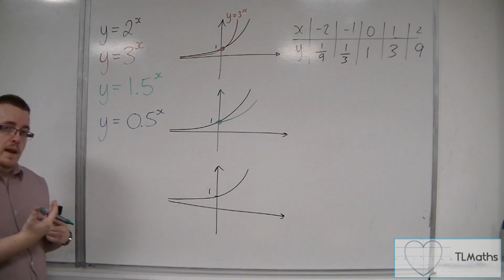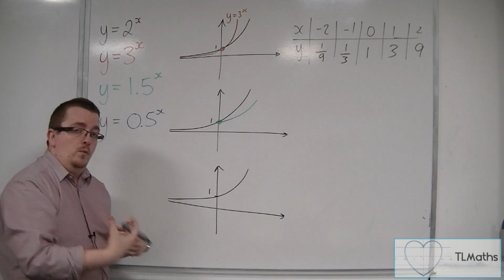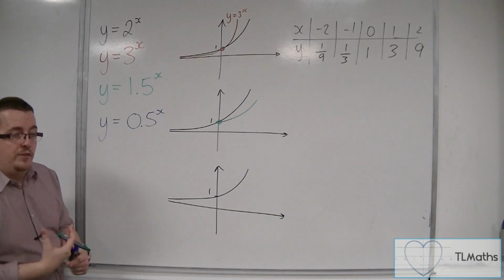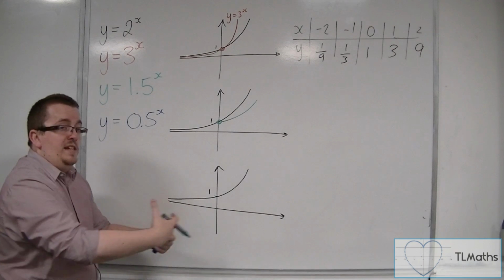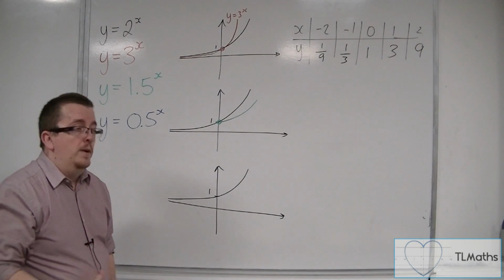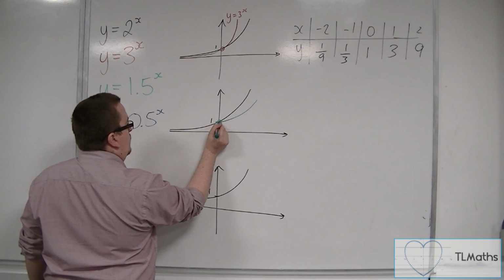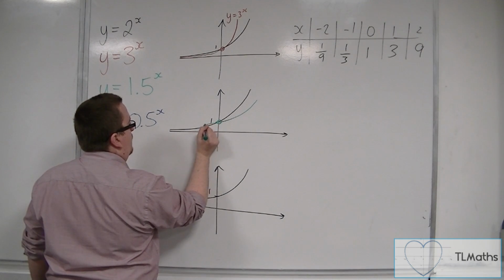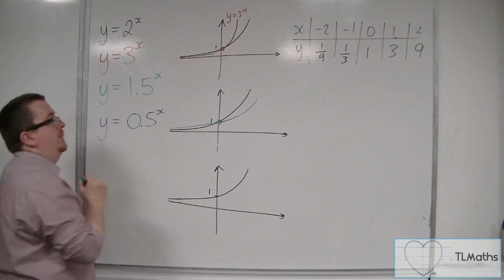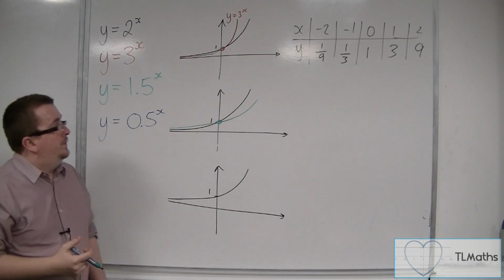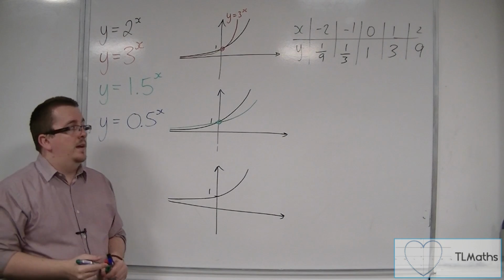Now to the left of the y-axis, you're going to get 1.5 to the minus 1, 1.5 to the minus 2, 1.5 to the minus 3, and this will be decreasing and getting closer and closer to 0, but not quite as quickly as 2 to the x. And so the curve will be above y is equal to 2 to the x to the left of the y-axis. And so the curve would look like that.